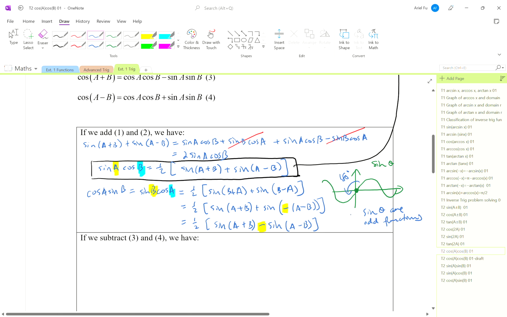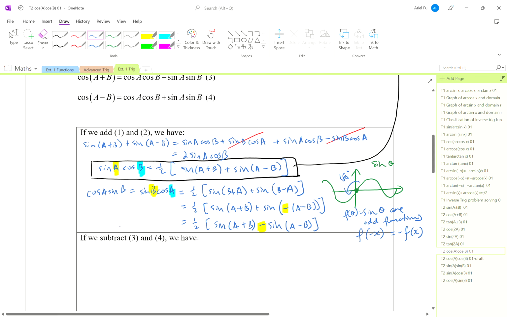So f of theta equals sine theta is an odd function. The definition of an odd function is f of negative x equals negative f of x. That means if I have a negative inside the function for an odd function, I can move that negative to the outside, obtaining the second result.